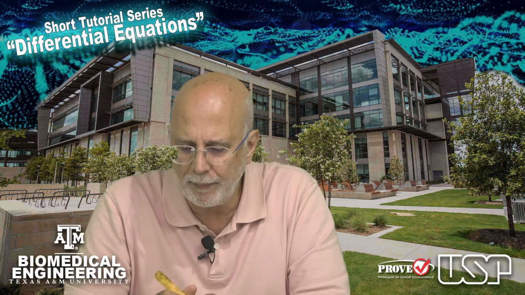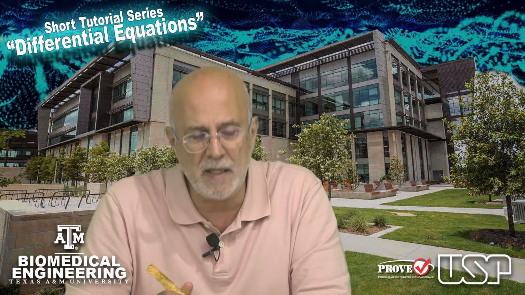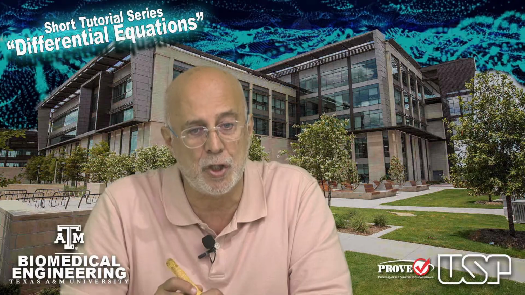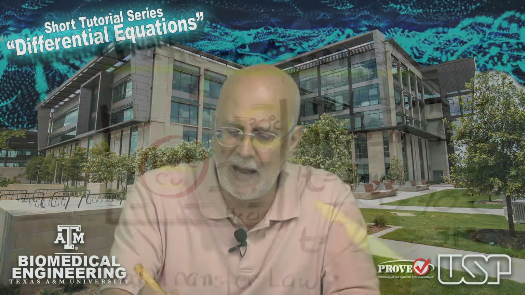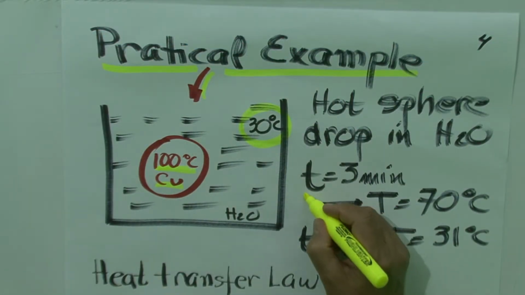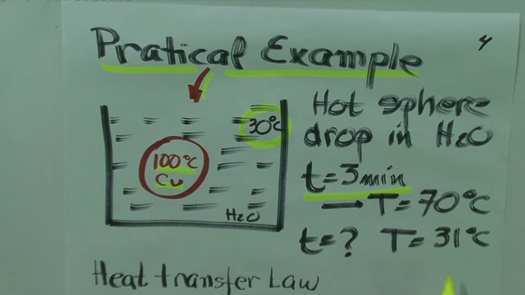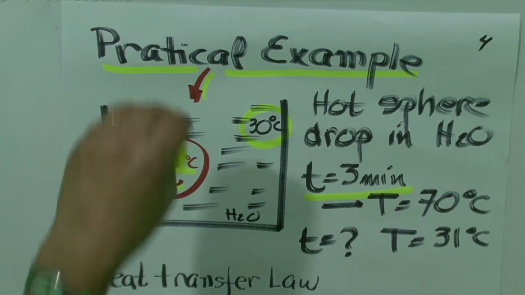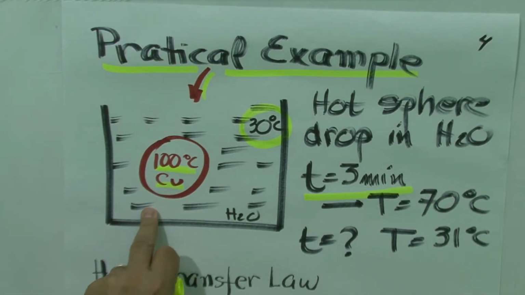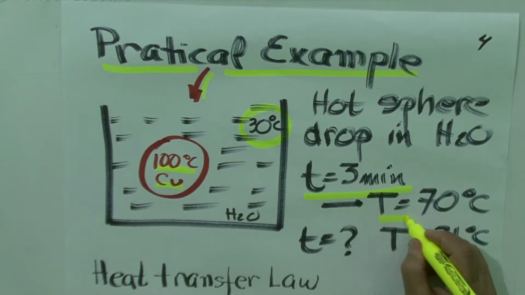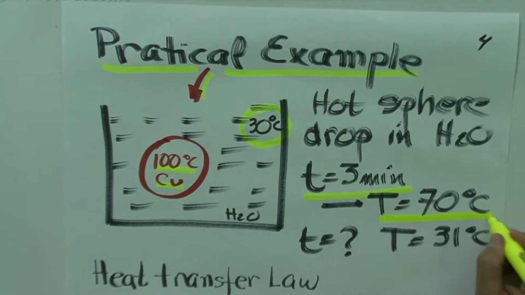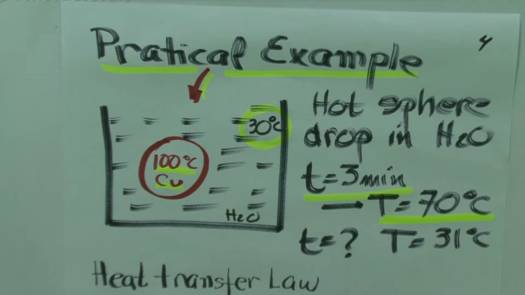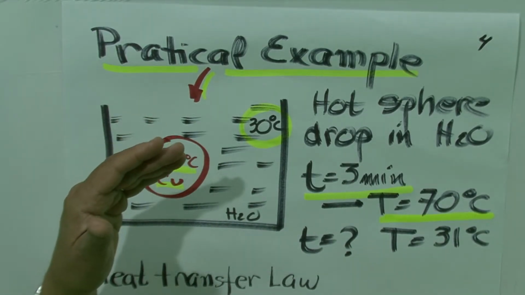There is one observation I made: after 3 minutes passed after I threw the sphere in the bath, I know that the temperature is 70 degrees C. This is a given fact to us.